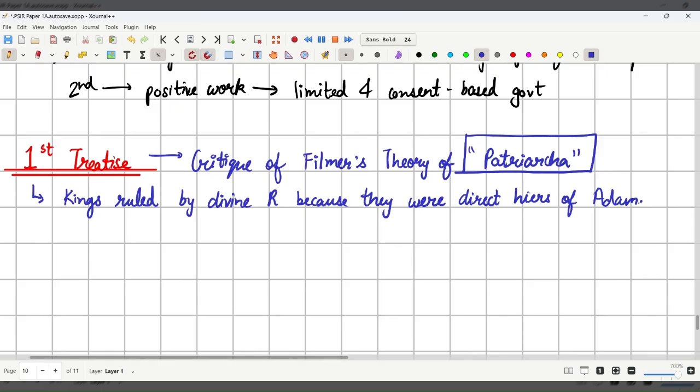So he was basically a critique of social contract. Filmer was a critique of social contract.